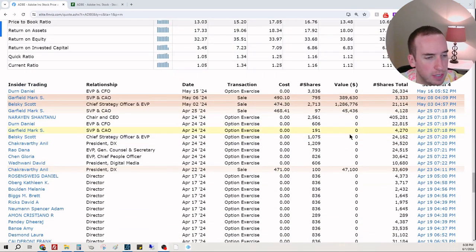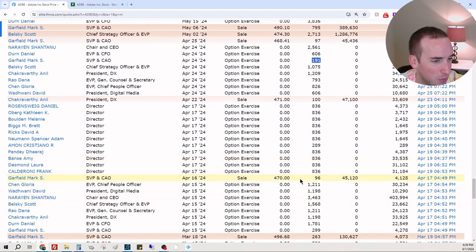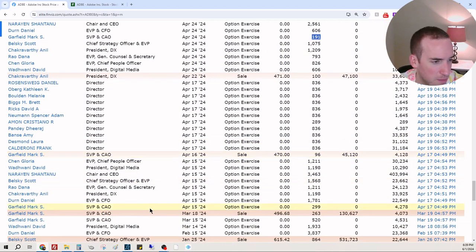Just making sure we don't have the CEO and other people swing trading the stocks. Mark Garfield sold 795 and 297, or 97, sorry. But he got 191 here. Sold again right here, 96. Mark Garfield 299, 26, 520.